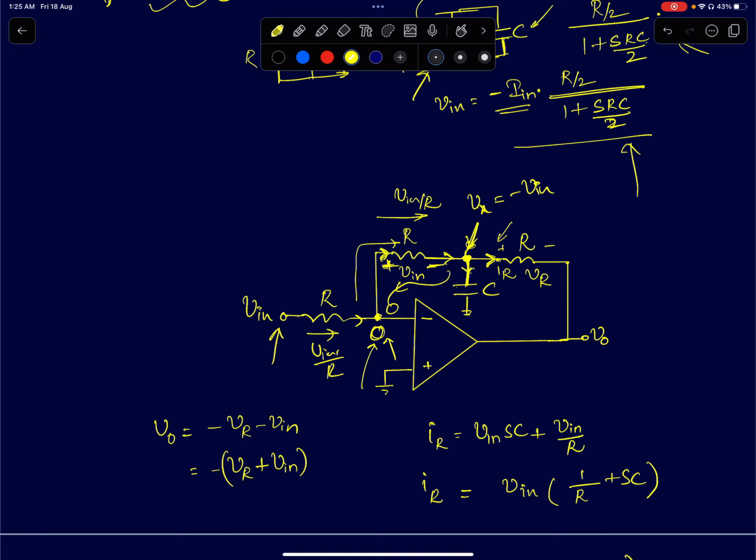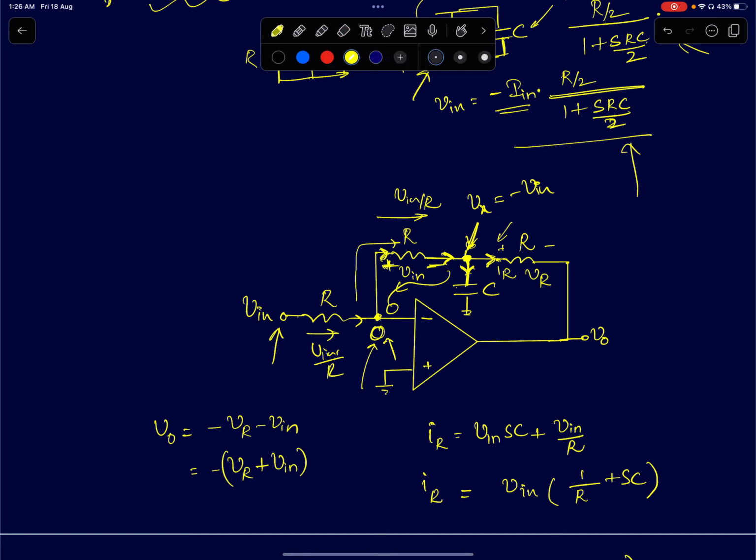Okay, so you can see that the current flowing through the capacitor will be Vx into SC. Remember, this current is flowing away from the capacitor, and the current flowing into this node. So you can just apply Kirchhoff's current law on this node.